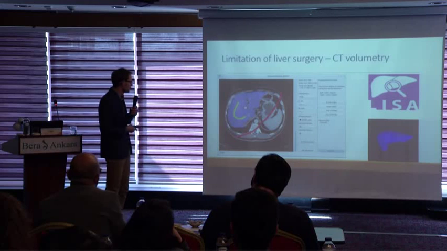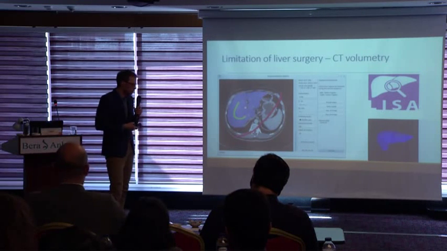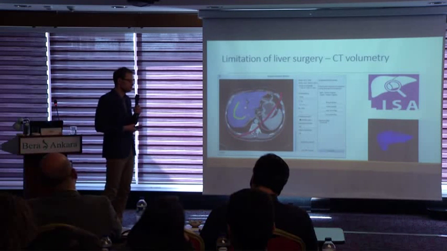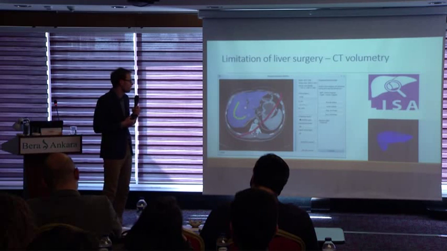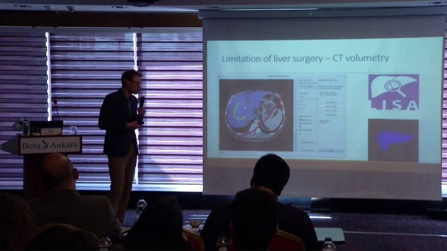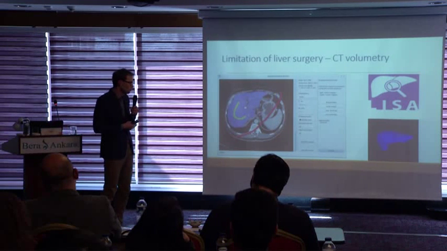So how do we assess the future liver remnant volume? Our radiologists use CT volumetry with manual calculation of the volume. It's not time saving. It takes minimally half an hour to calculate the volume for one patient.